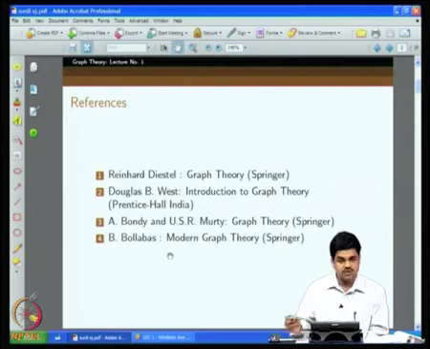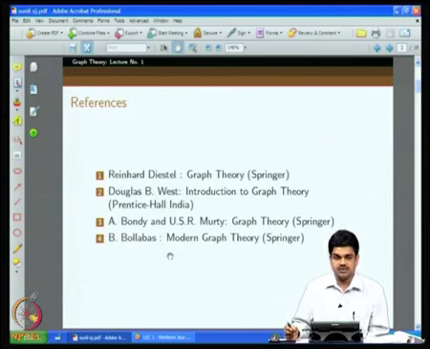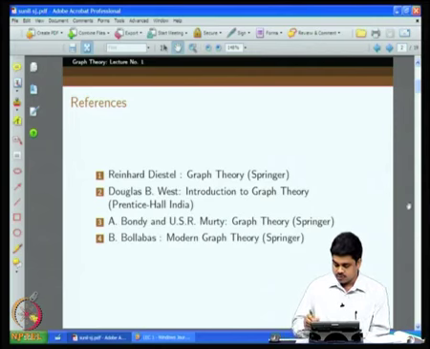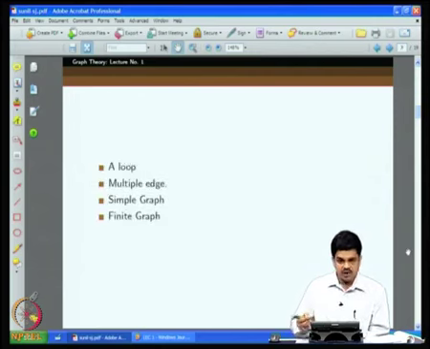In any of these 4 books, you can see the introductory chapter explaining the commonly used definitions and terminology. So, one can read that, but otherwise I will anyway be explaining the terms I use as and when required.